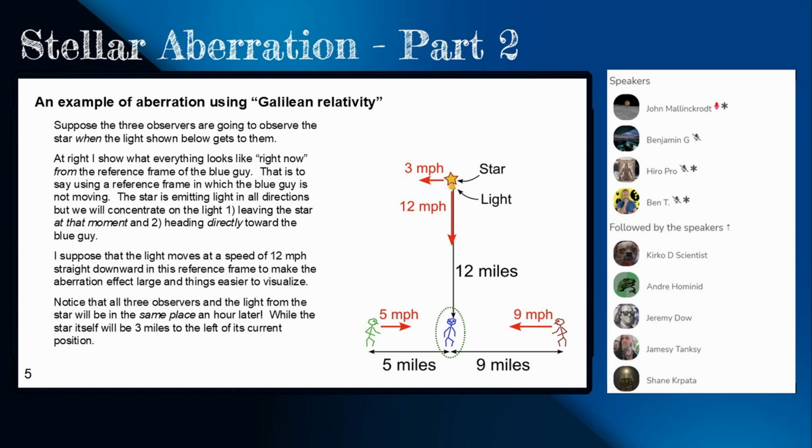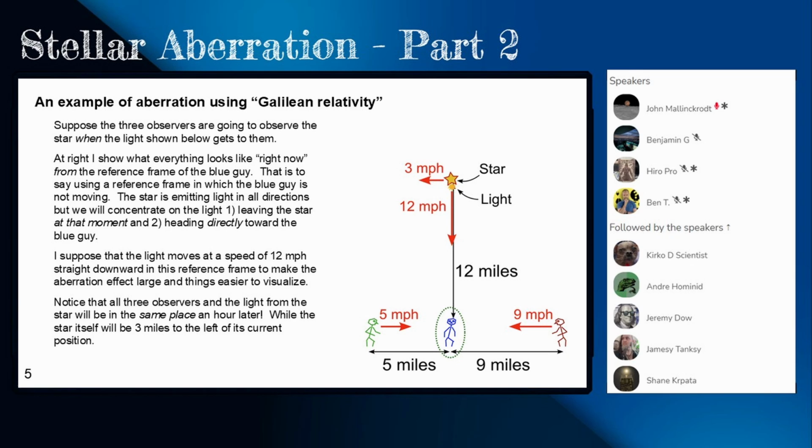And meanwhile, there's a green guy 5 miles away moving toward him at 5 miles per hour. And there's a red guy 9 miles away moving toward him at 9 miles per hour, while the light that they're going to look at, the light we're going to be interested in, is being emitted from the star where it is at that instant, 12 miles away from the blue guy and moving at 12 miles per hour.